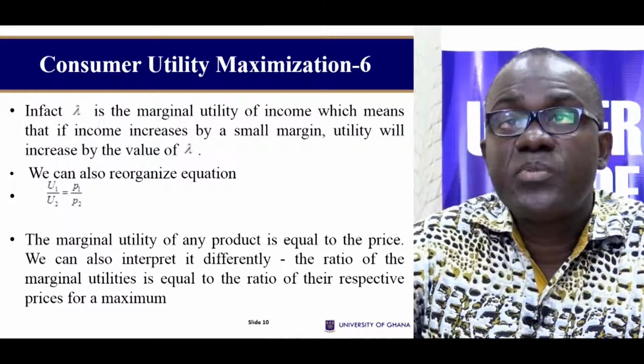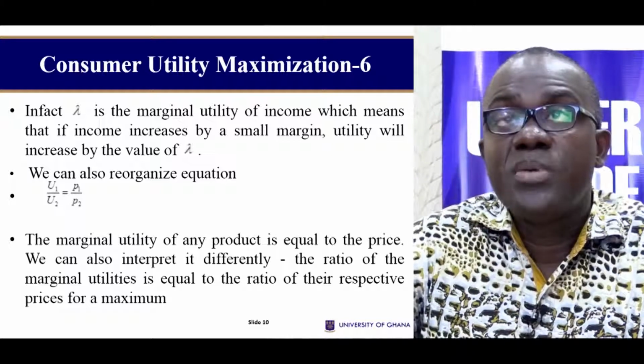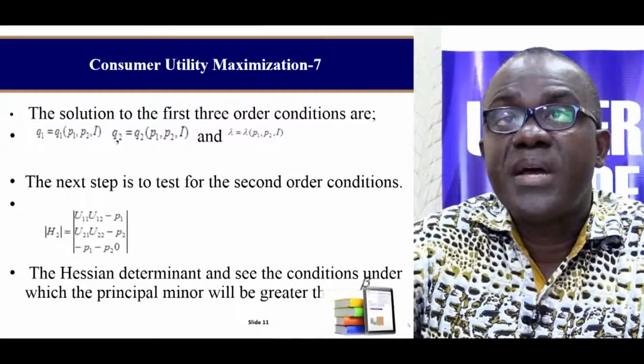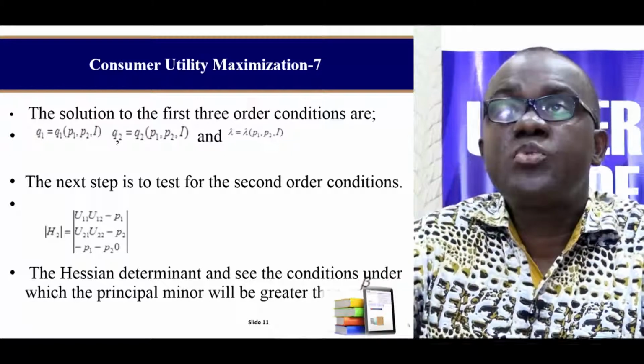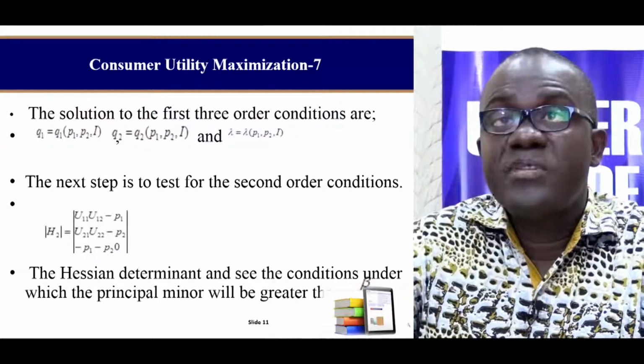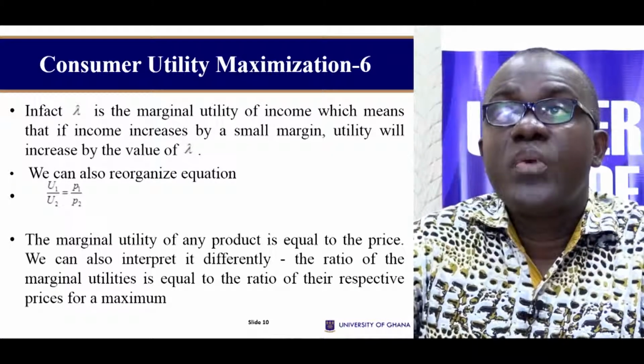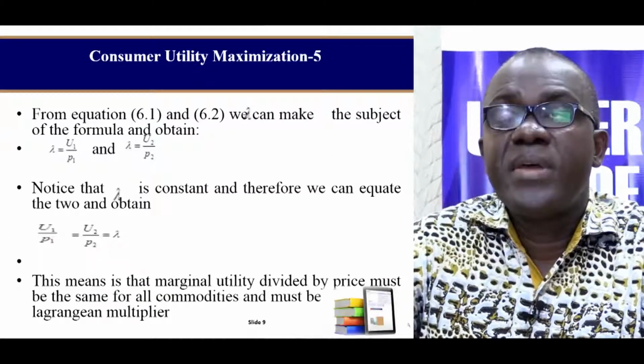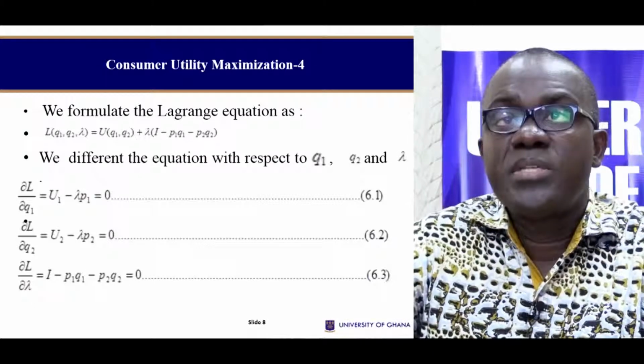And these conditions, we also use them very well to do analysis in utility function. Now, once we have these functions, notice that we can always solve it. We have these equations.